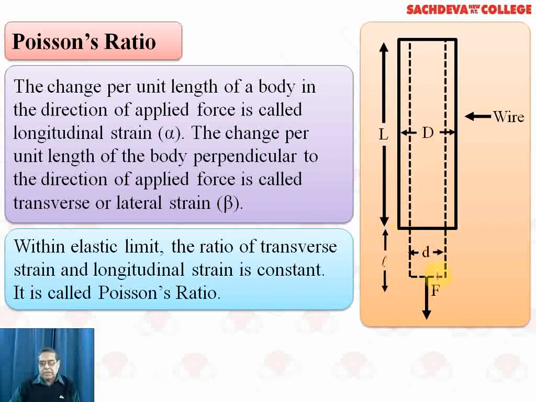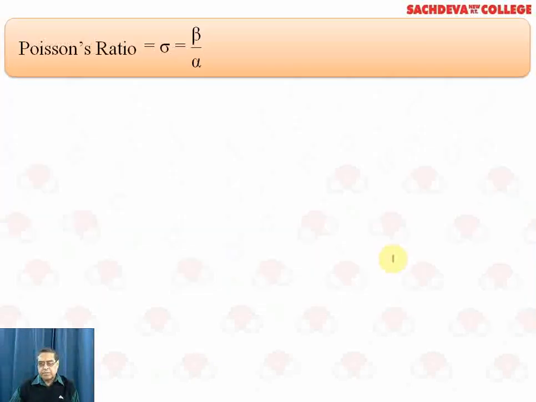The force is applied vertically downward, giving rise to the transverse strain, and as a result the change in length takes place. So the ratio of the transverse strain, perpendicular wise, to the longitudinal strain, lengthwise, is always constant. That ratio is called the Poisson's ratio.